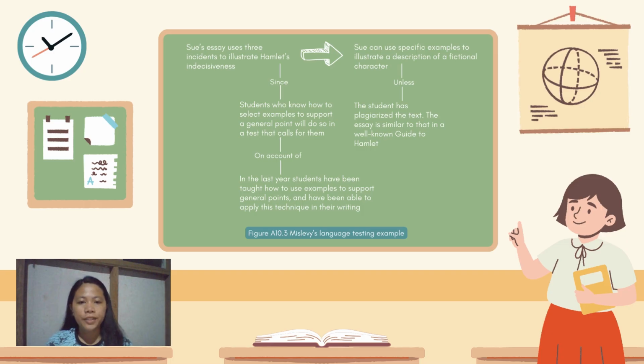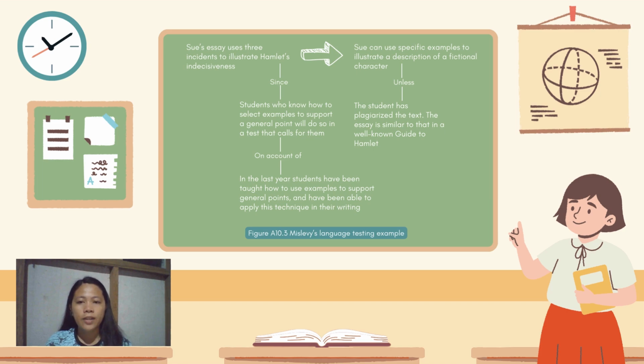Mislevy's language testing example: scenario 1, a successful essay. Premise: Sue's essay effectively uses three incidents to illustrate Hamlet's indecisiveness.